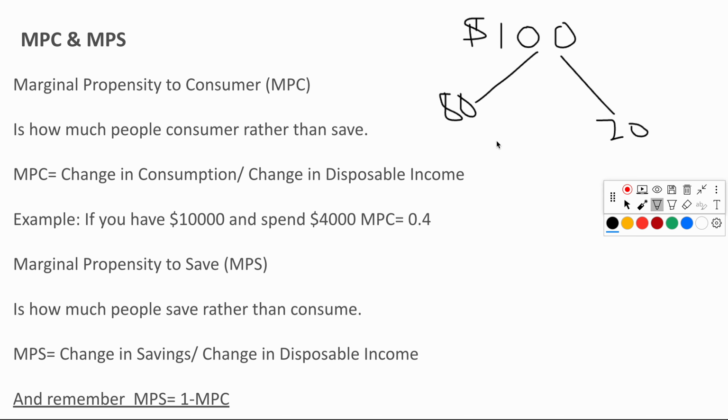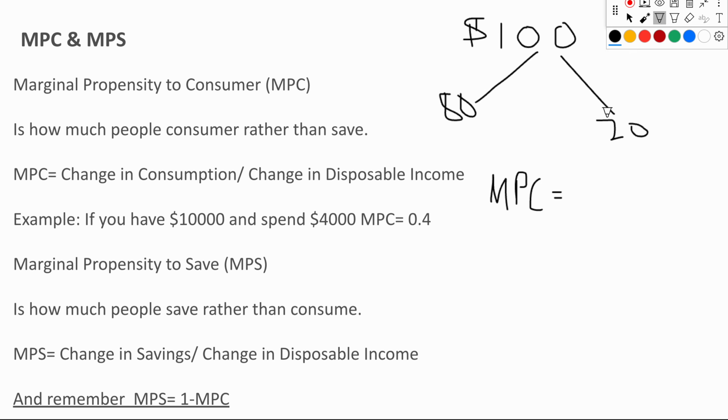That means my marginal propensity to consume, or MPC, is equal to 0.8, and my marginal propensity to save is equal to 0.2. Because I consumed 80% of my income and I saved 20%. That's your marginal propensities.